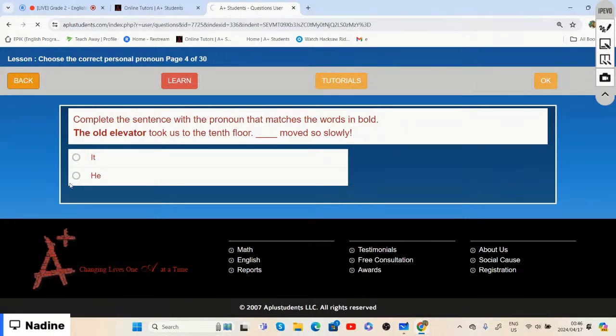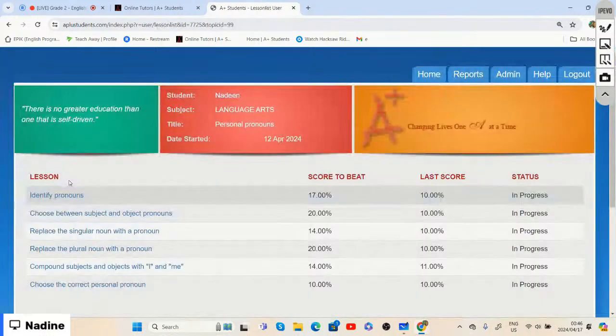All right. So that is now the end of our lesson on personal pronouns, right? A pronoun replaces the noun or nouns. So personal pronouns are words like he, she, them, us, him, her, and so on, right?